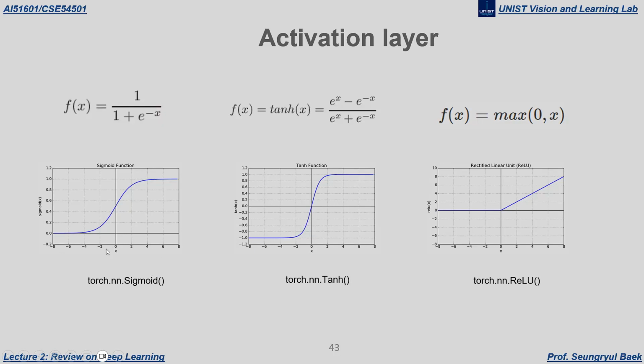For the sigmoid, the x values go from minus infinity to plus infinity, but the y values are bounded to 0 to 1. By using the sigmoid, you can control the range of the output values of the deep learning architecture.